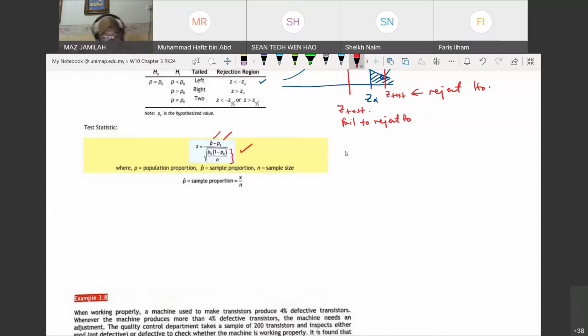How do we get our p-hat? P-hat is obtained by dividing x by the sample size. What is x? X is the number of samples involved in the specified event of x. So that would be more or less the fundamentals for the population proportion.